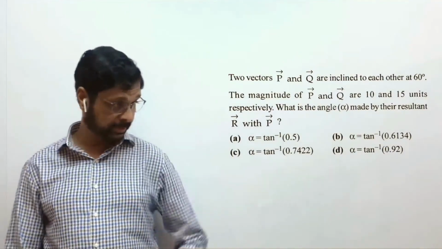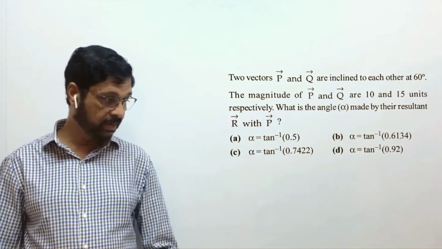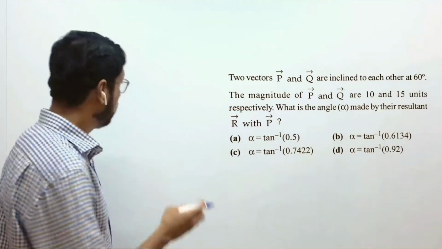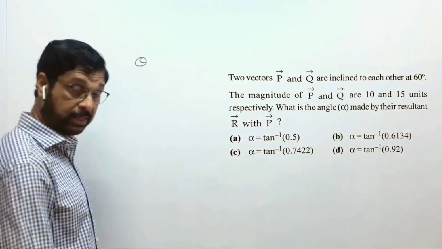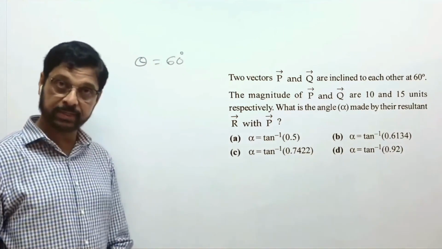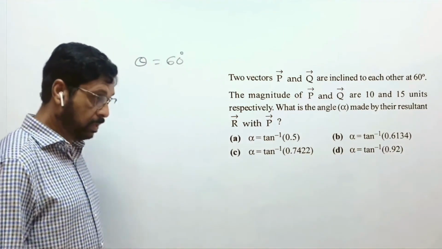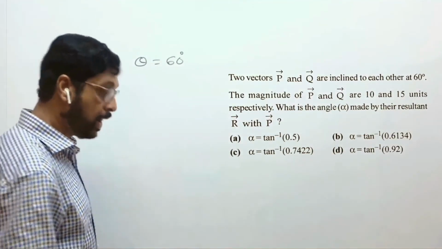Next, two vectors P and Q are inclined to each other at 60 degree. The two vectors are inclined to each other at 60 degree, which means theta, the angle between the two vectors, is 60 degree. The magnitudes of P and Q vectors are 10 and 15 units.